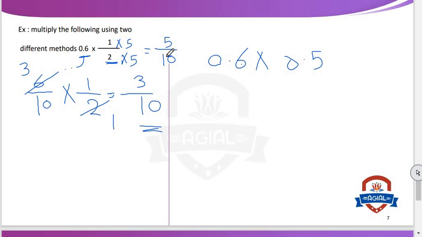Who can multiply with me two decimal numbers? Yes, we ignore the decimal point at first. Number 2, we multiply the two whole numbers. Number 3, we put the decimal point after the sum. Like what? We multiply 6 by 5 without decimal. 5 multiply 6 equals what? Super, 30.